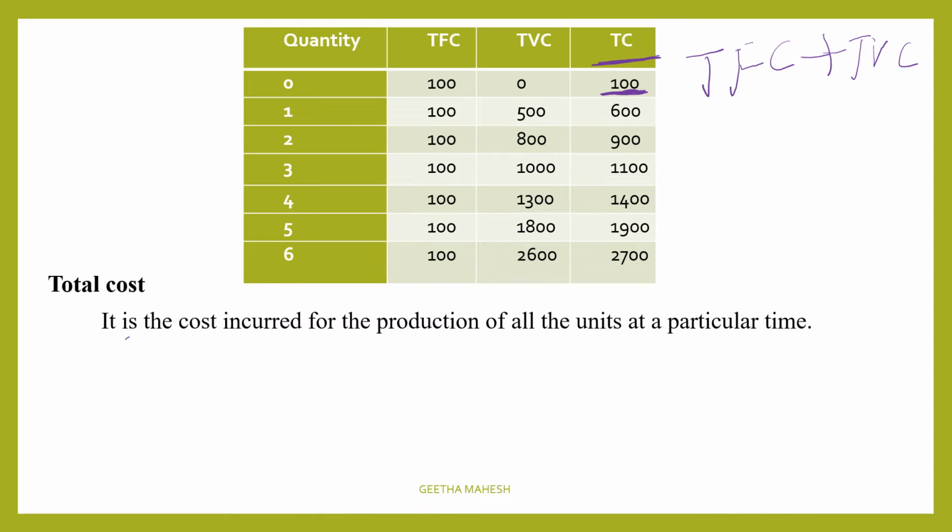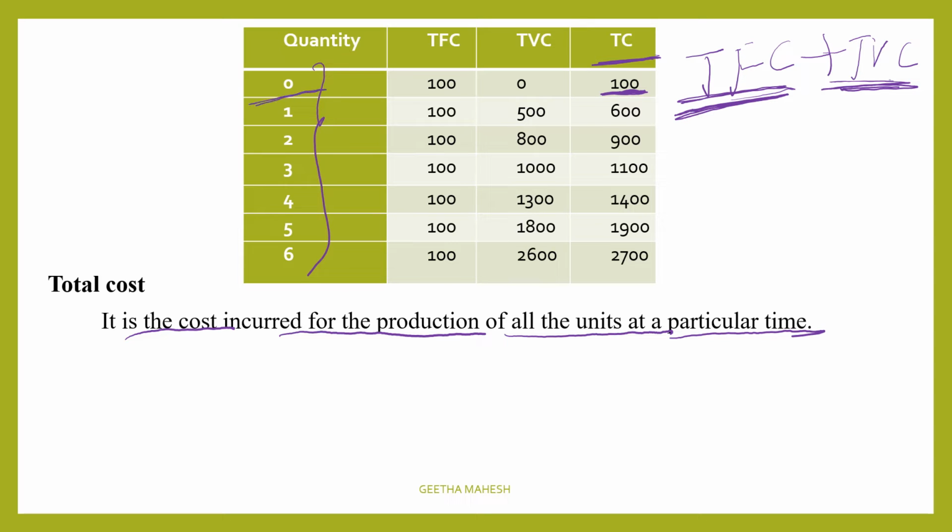The cost incurred for the production of all the units of output at a particular time, we call it as total cost. Total cost includes both the total fixed cost and total variable cost.